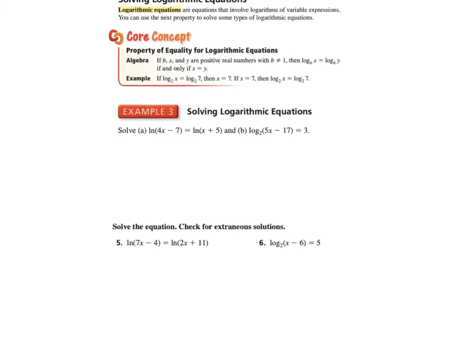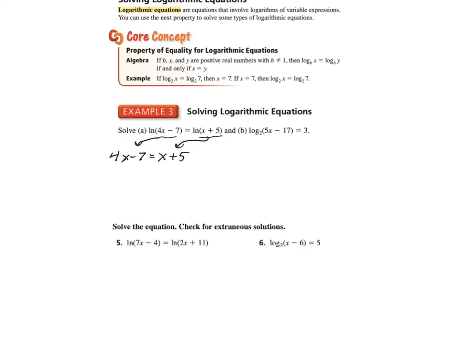We have the log of 4x minus 7 equals the log of x plus 5. Well, if the natural log of 4x minus 7 is equal to the natural log of x plus 5, then it must be true that 4x minus 7 equals x plus 5, right?